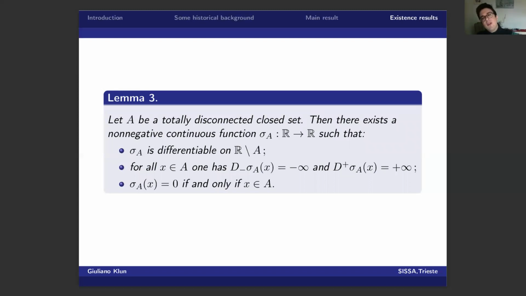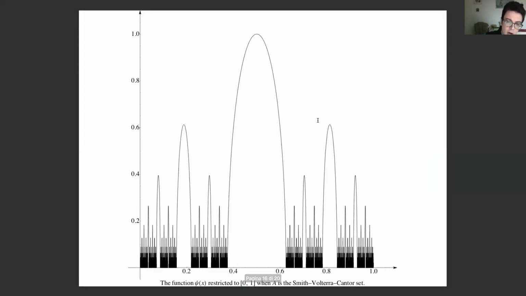How does this function look like? Here is a picture of the graph of the function, in the case A is the Smith-Volterra Cantor set. The function looks like a countable gluing of semi-ellipses of suitable height.